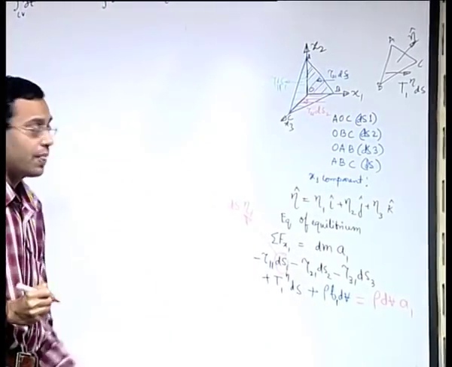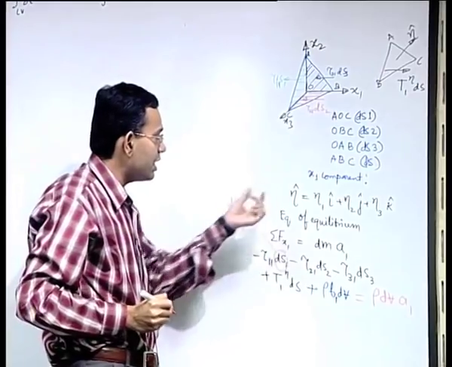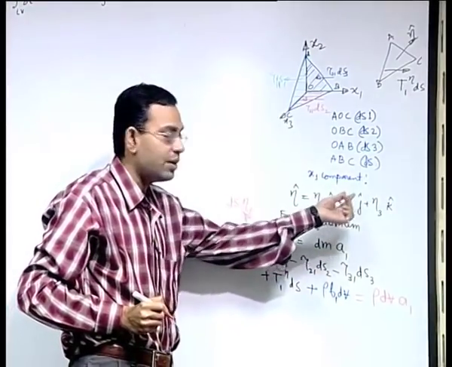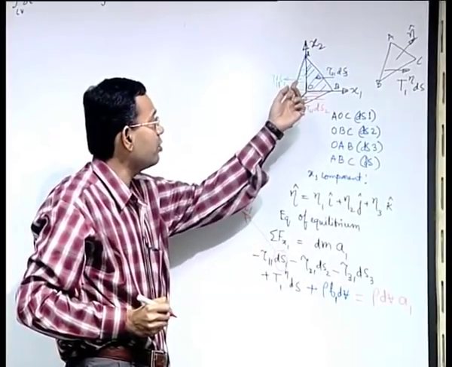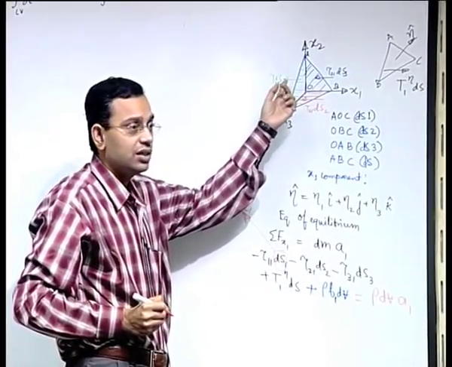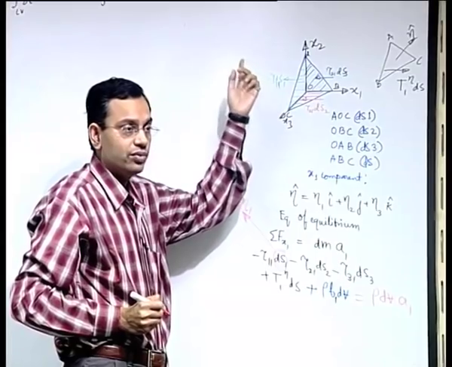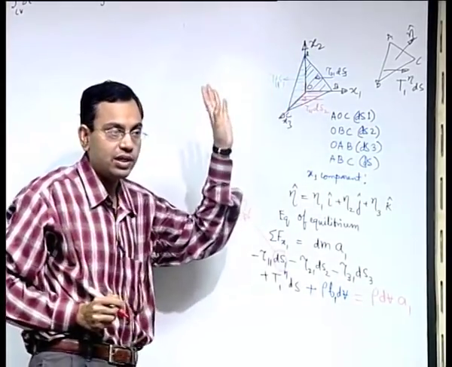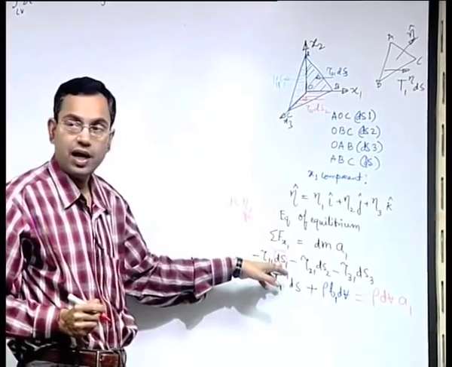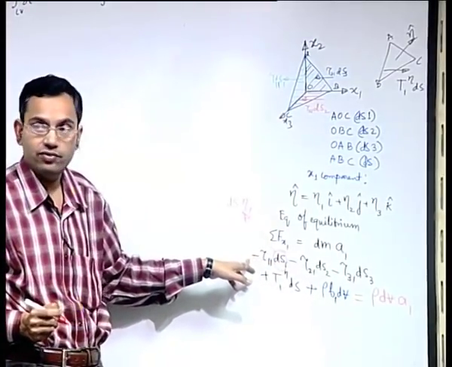How do you get it? ds in the vector notation has eta 1 I plus eta 2 j plus eta 3 k. ds1 in the vector notation has ds1 into I cap, with of course a minus sign, but forget about that because here we are writing the magnitude, the minus has already been taken care of.